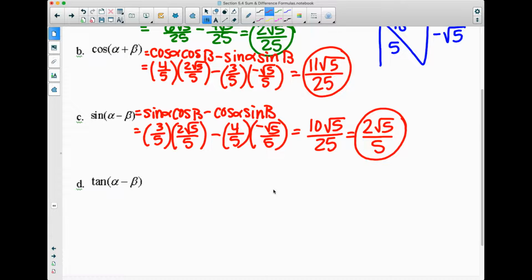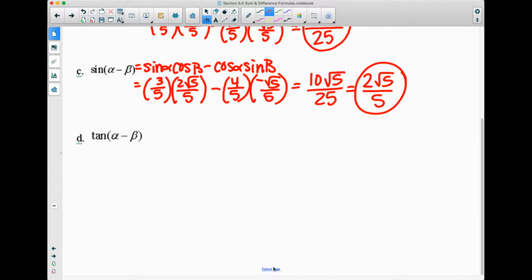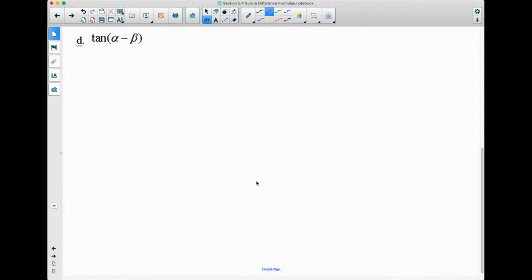So with tangent, this is when things get a little bit more involved with fractions and fractions inside of fractions and all the things, okay? So with tangent of alpha minus beta, try and make this as easy as possible on yourself. If you can reduce things before, do so. Well, let's go ahead and set that one up.